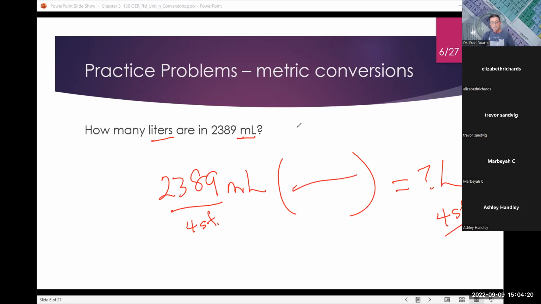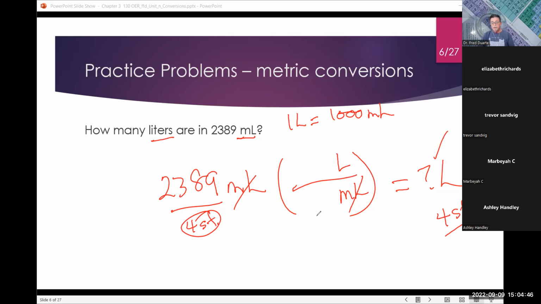Okay. I also know that based on my table that in 1 liter, there are 1,000 milliliters. Okay. So I set this up with milliliters in the denominator. Why? Because I want milliliters to cancel out when I multiply by this factor. And I want liters to be in the numerator because those are the units I'm looking for.